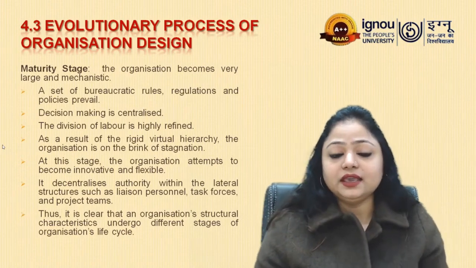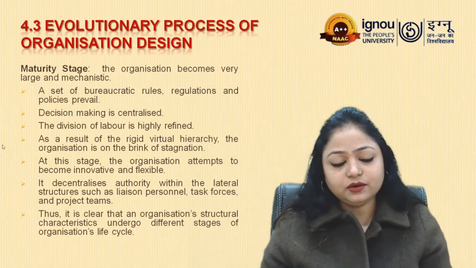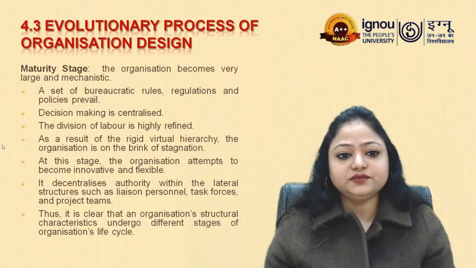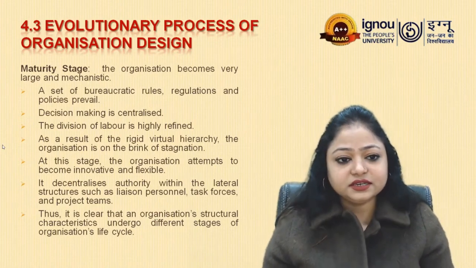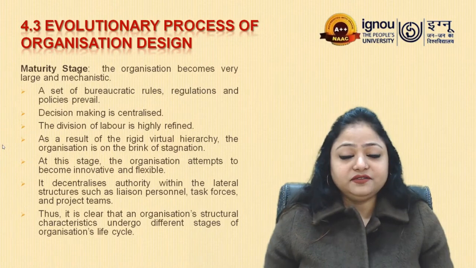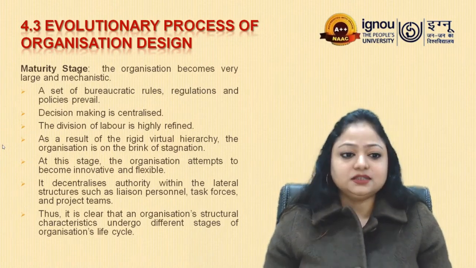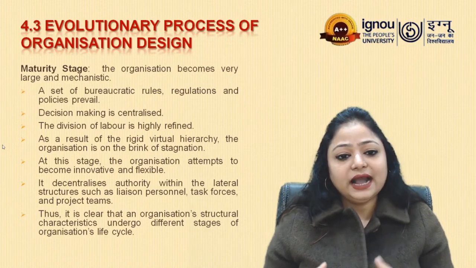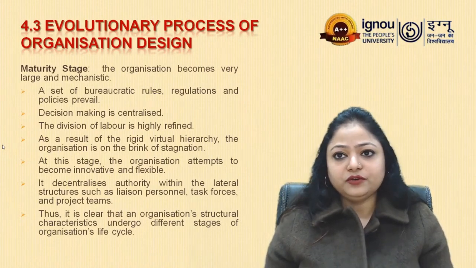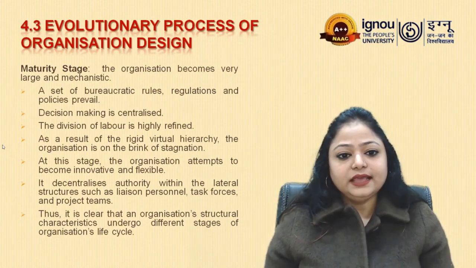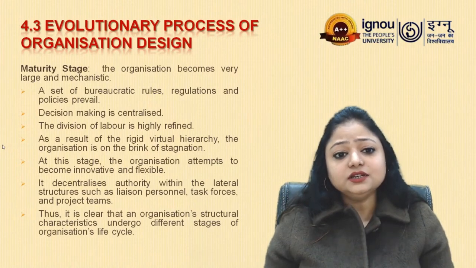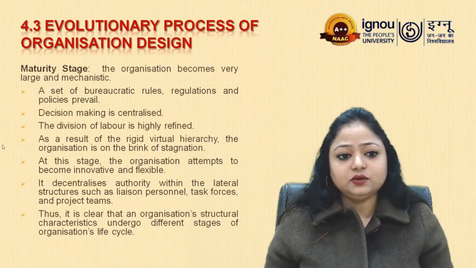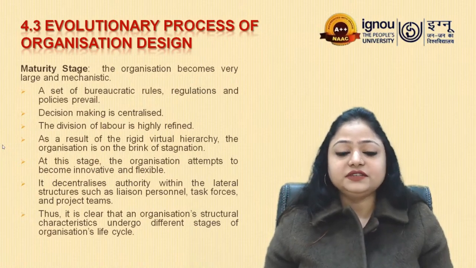Decision making is centralized here because it has reached the stage where taking a wrong decision can have a detrimental effect on the overall organization and its environment. The division of labor is highly refined, defining who is to perform which function. As a result of rigid vertical hierarchy, the organization is on the brink of stagnation.